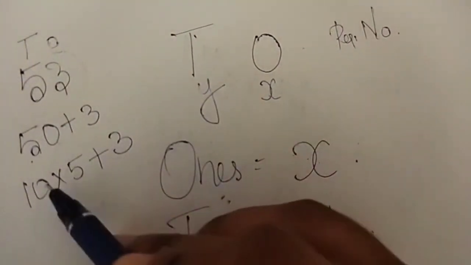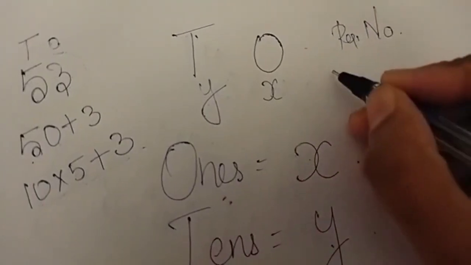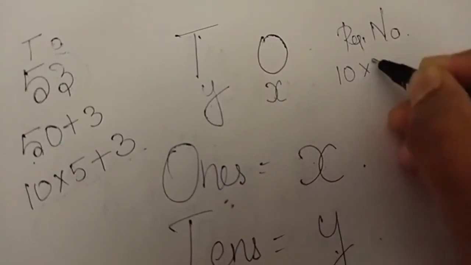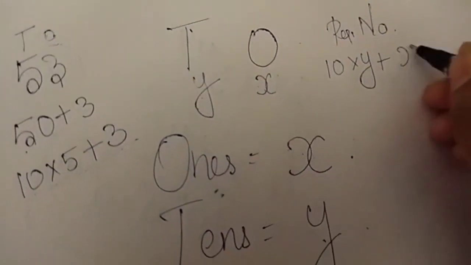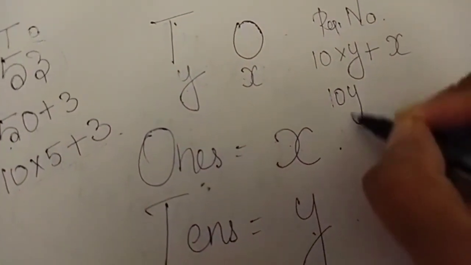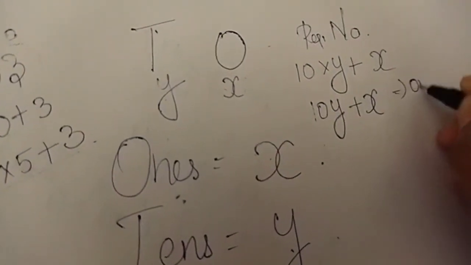Here the tens digit is y, so we get 10 into y plus ones digit x, which is 10y plus x. So 10y plus x is the original number.